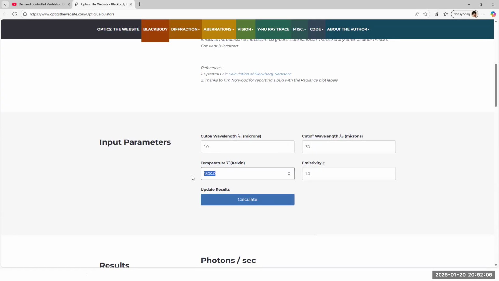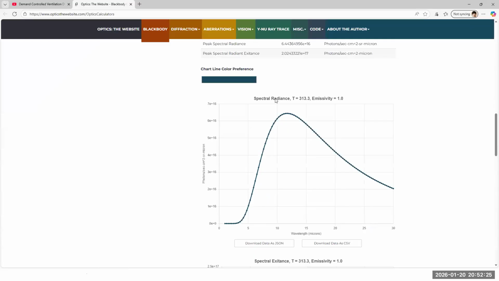We are using 40 degrees Celsius. If we assume thermal emissivity is 1, then we do the calculation and we get the spectral radiation. This is for a black body at a temperature of 40 degrees Celsius, the temperature of objects around us.